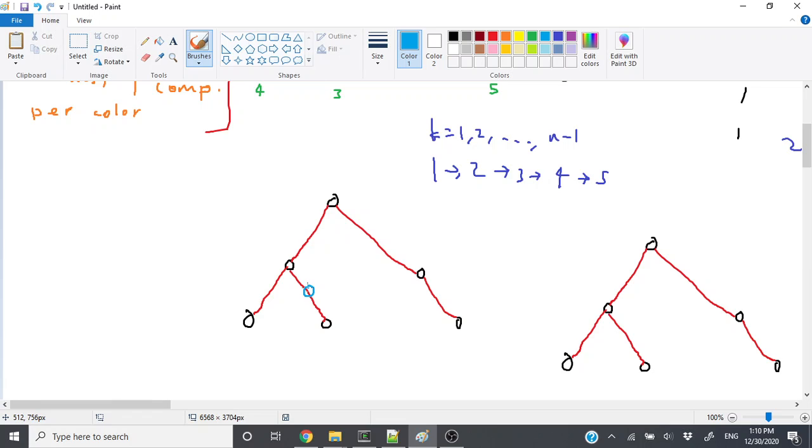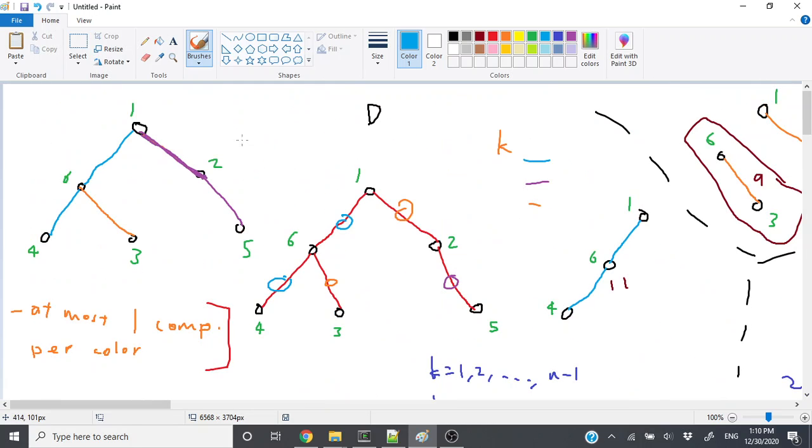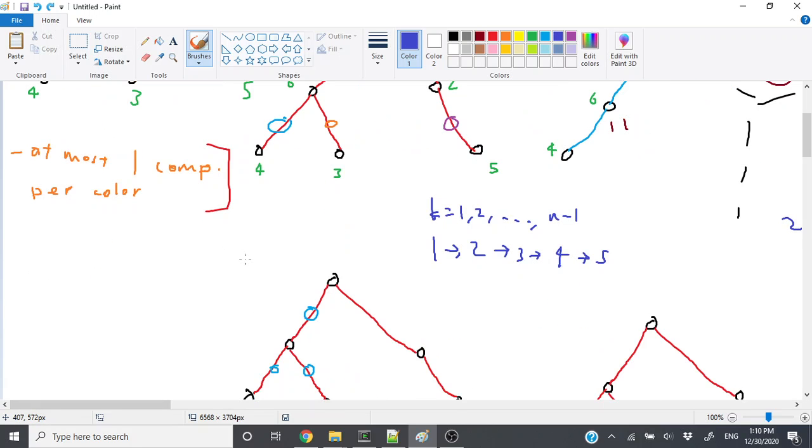And then we're going to take a bunch more leaves until we stop. The basic idea, and this is sort of intuition about trees, is that every component is going to affect the number of distinct edge colors for exactly one node.